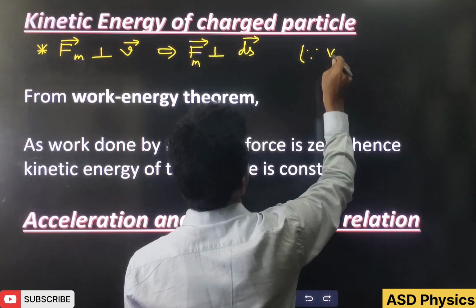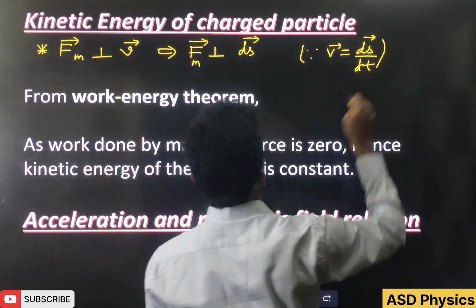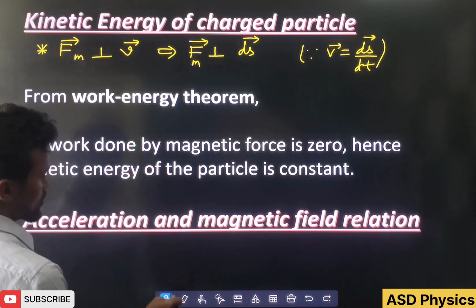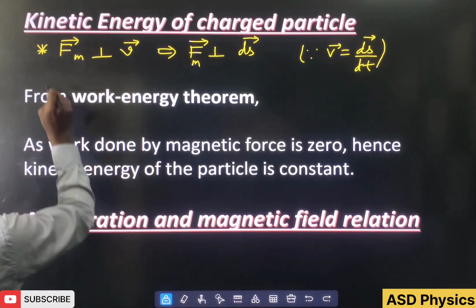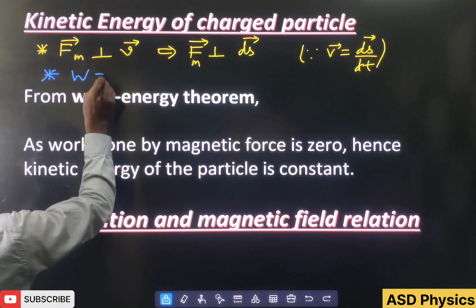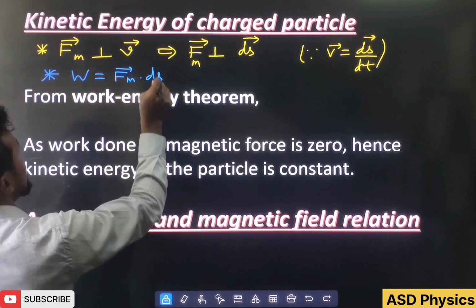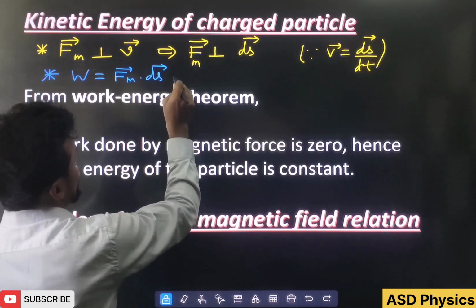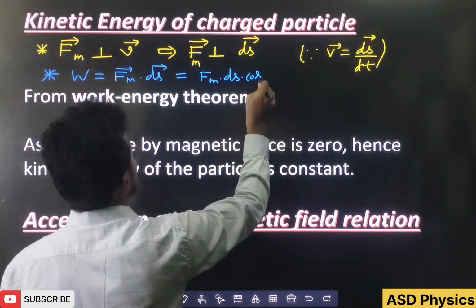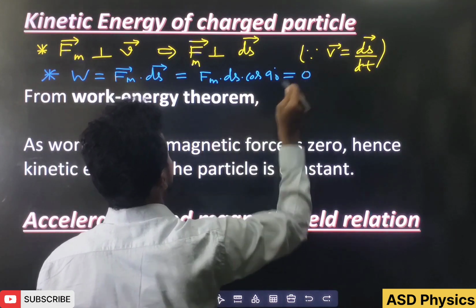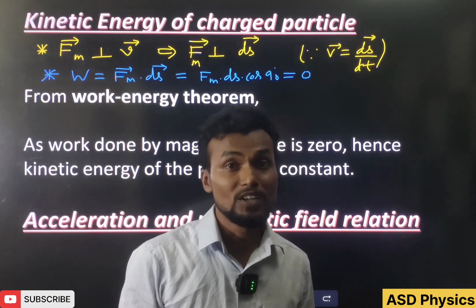And you know very well, whenever force and displacement are perpendicular, what is the work formula? Work is always given by vector Fm dot displacement ds. Now when perpendicular, we can write Fm into ds into cos 90. So work done will be how much here? Work done will be 0.